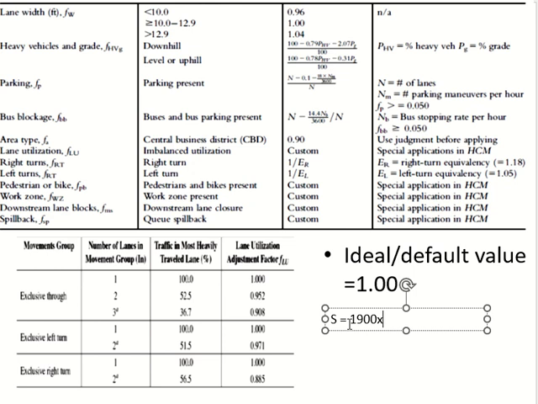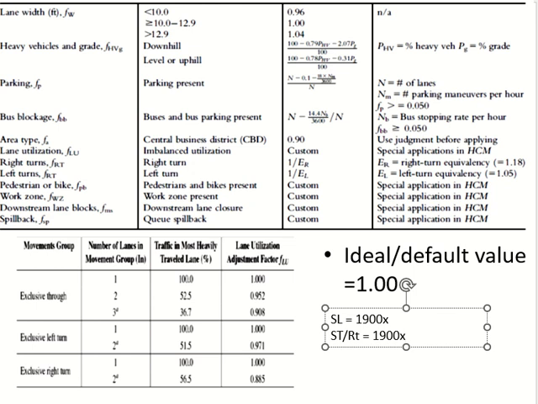Lane width is different. One is 11, the other one is 13, right? So how many lanes do I have, by the way? Tell me. Three lanes. So I need one for the left turning and the other one for straight, they call it through, and right. This value will remain the same.